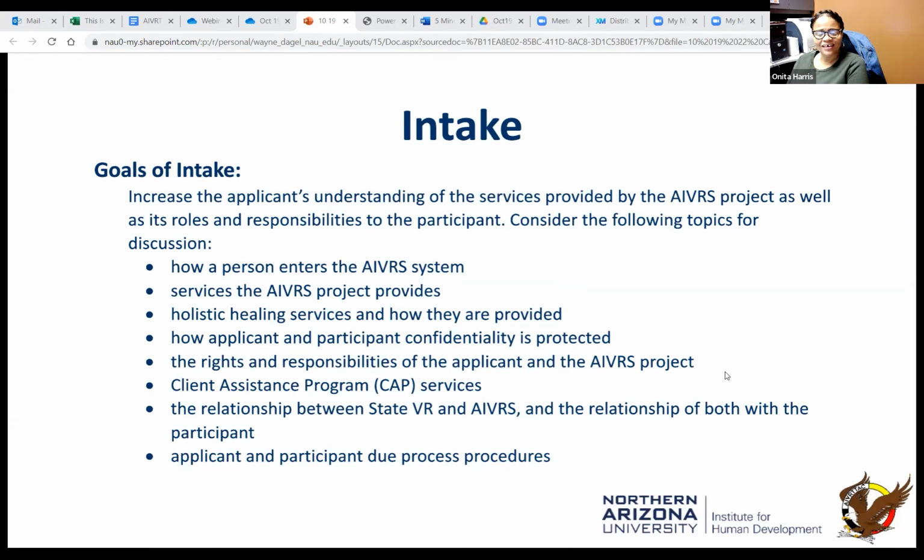Of course, the client assistance program is very important. That information has to be shared during the intake process and as you move forward, also during the development of the IPE and those type of things.